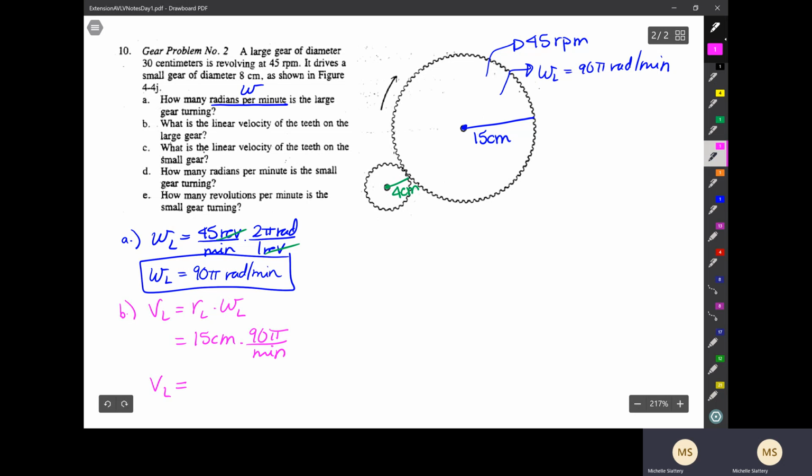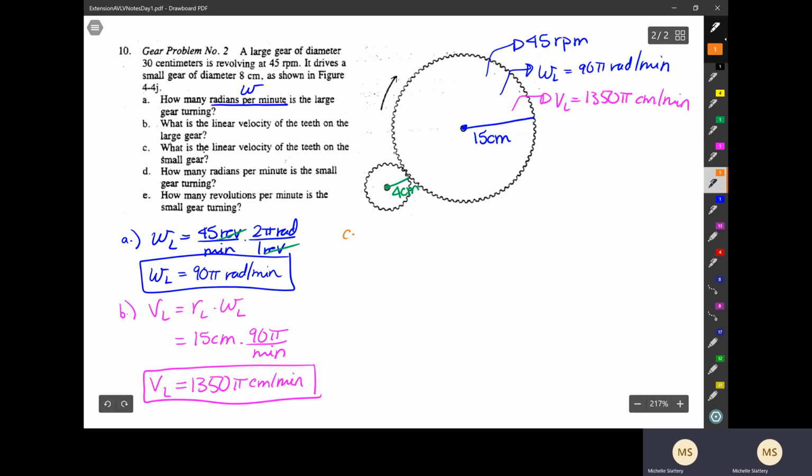I multiply those two together and I get 1,350 pi centimeters per minute. So I'm going to throw that on here as well: linear velocity is 1,350 pi centimeters per minute.